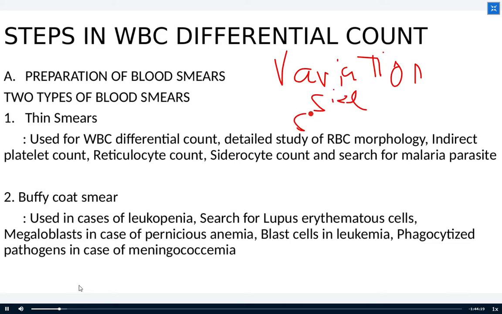So when you say size, is it normocytic? Is it microcytic? Is it macrocytic? While for your shape, this would define the type of shape. If it is a target cell, if it is a dacrocyte, is it a sickle cell, and so on.